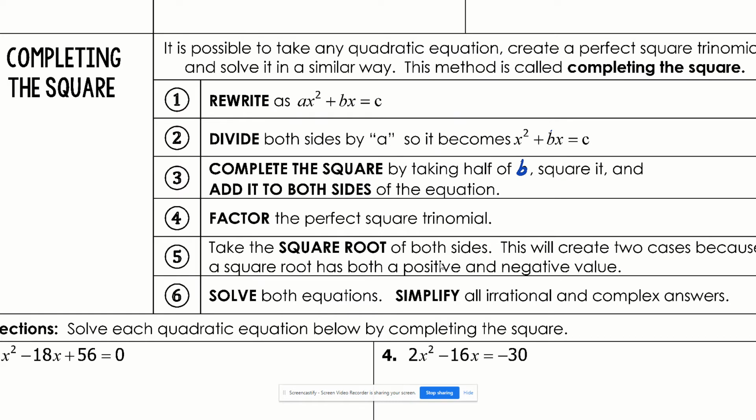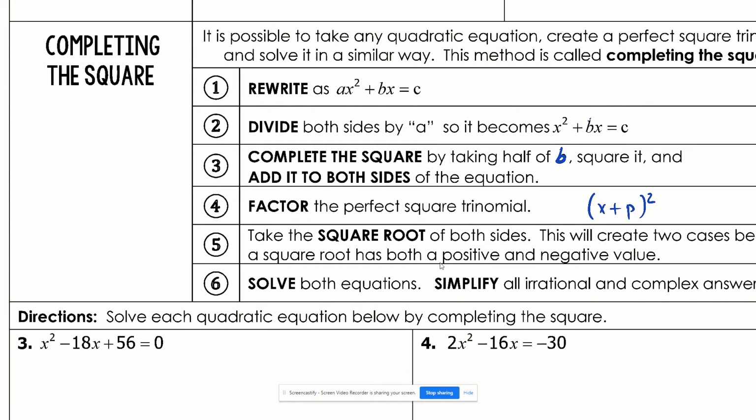What that will do is it'll create a perfect square trinomial that I can then rewrite as a binomial squared. Whatever this value is, squared. And maybe I shouldn't call it a. Maybe I should call it p. And then I can take the square root of both sides and I can solve the problem.